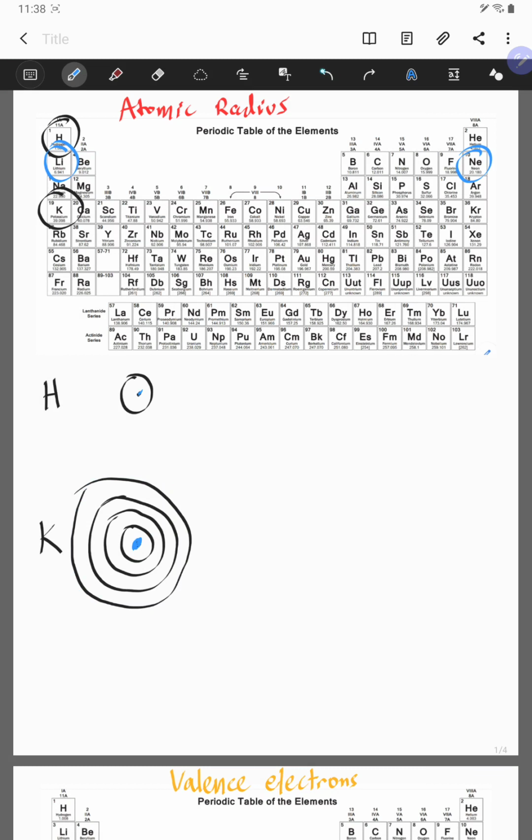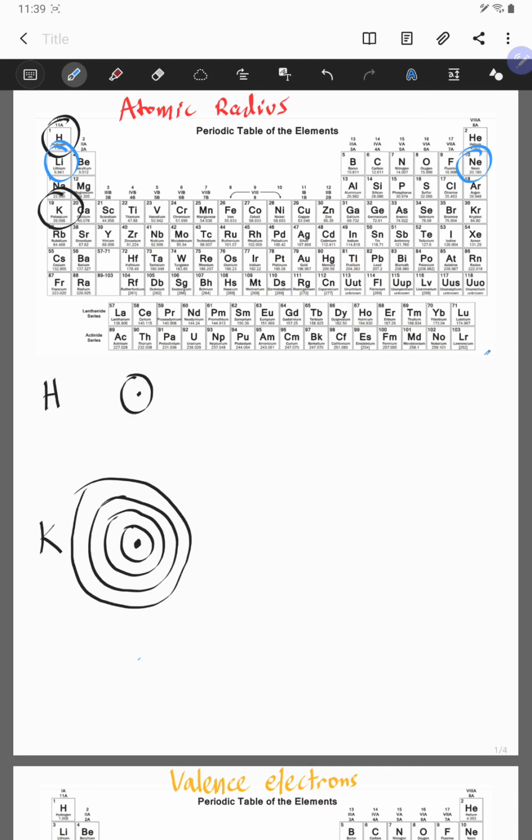The nucleus only makes up a really small part of the atom. So even though the nucleus is bigger in potassium, that's not the driving reason why the atom is bigger. Yes, potassium does have a bigger nucleus than hydrogen, but that's not why it's a bigger atom. It's a bigger atom because it has more electron shells, and that's really the main factor that makes it bigger. So don't get that confused.